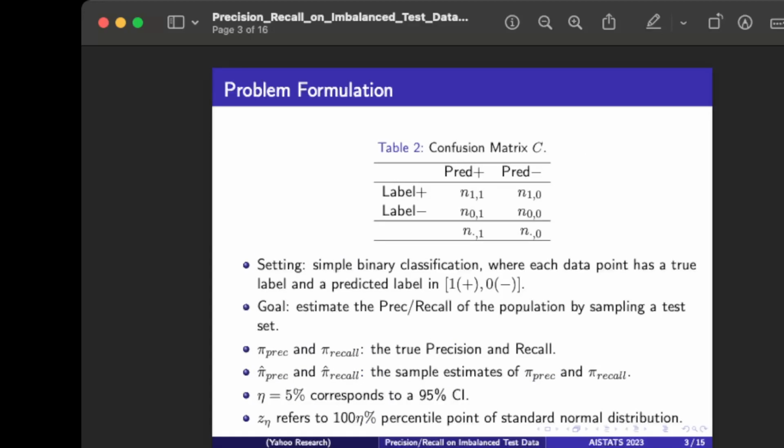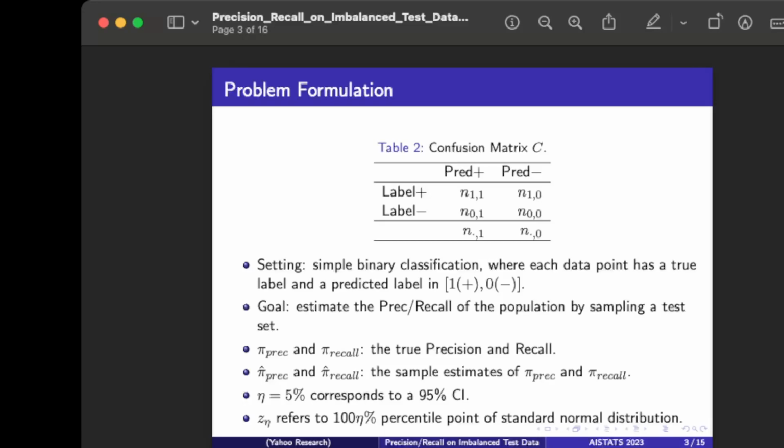We first formulate the problem. We consider the simple binary classification setting where each data point has a true label and a predicted value in {0, 1}, 1 as positive, 0 as negative. Our goal is to estimate the precision and recall of the population by sampling a test set.